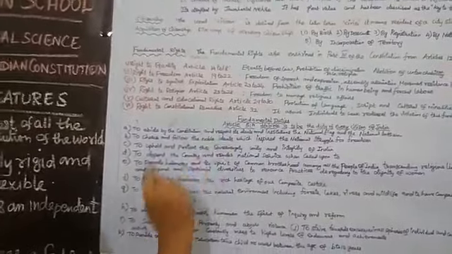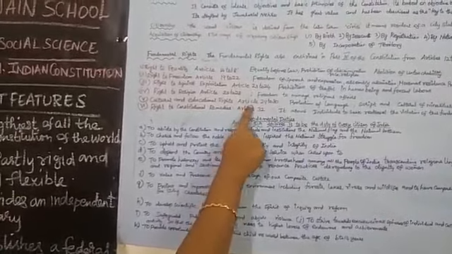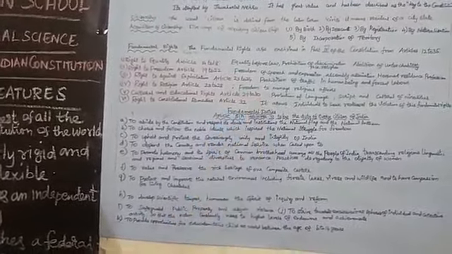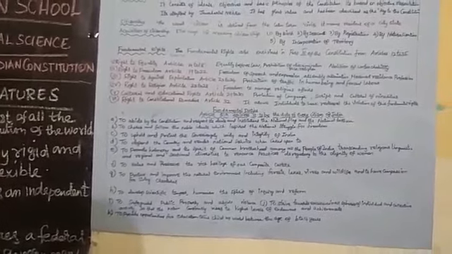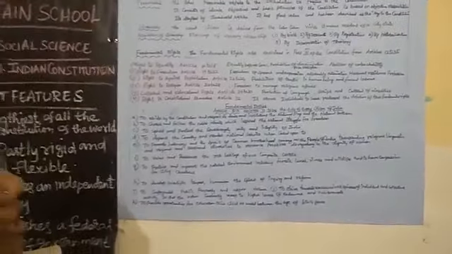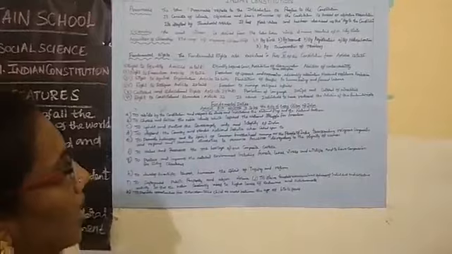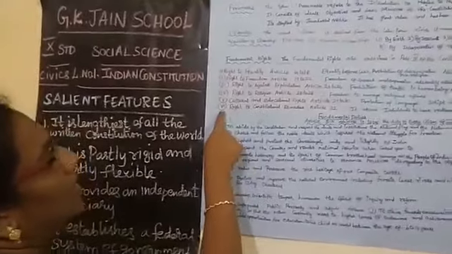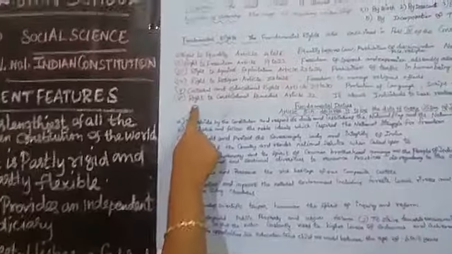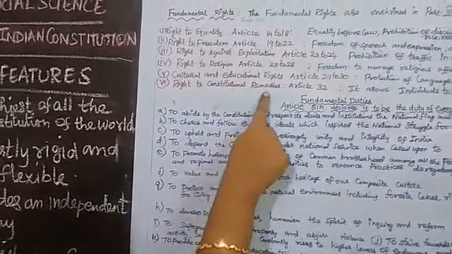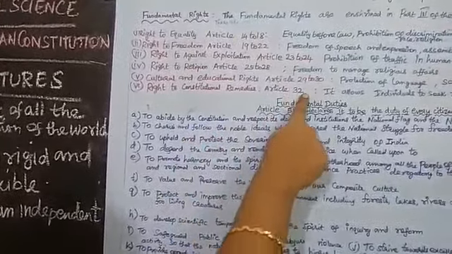Number 5, cultural and educational rights, Article 29 to 30, protection of language, script and culture of minorities. Sixth fundamental right, right to constitutional remedies, Article 32.